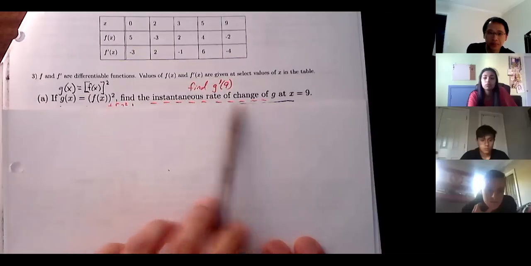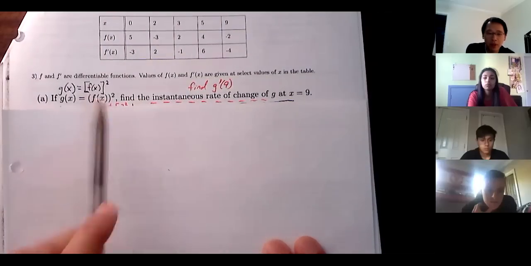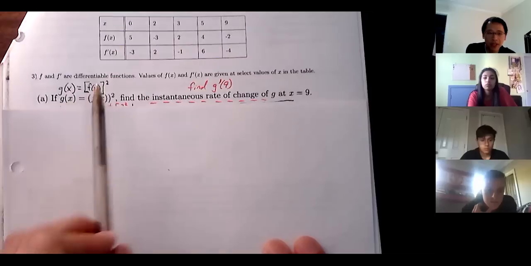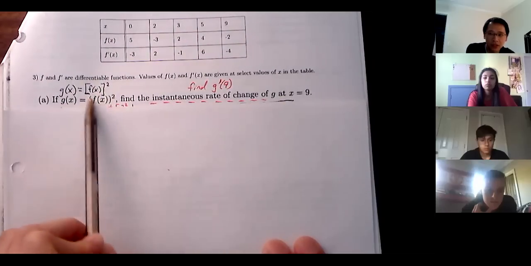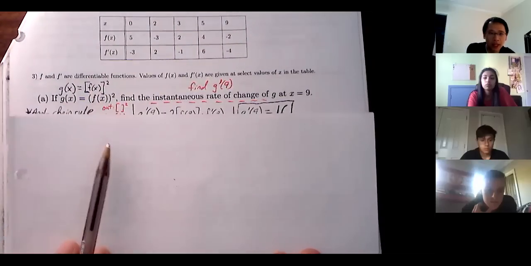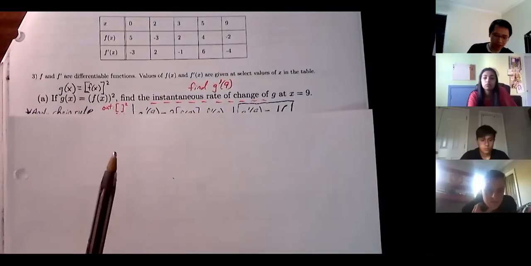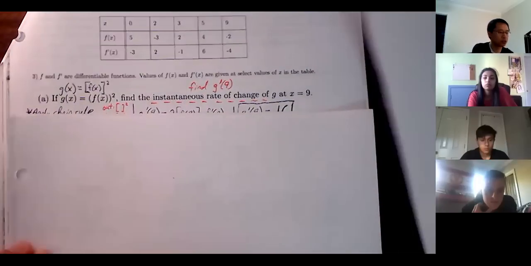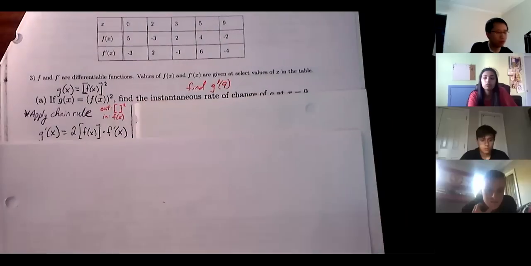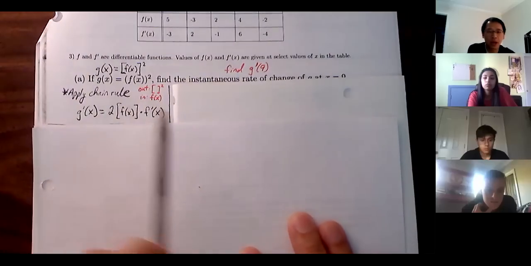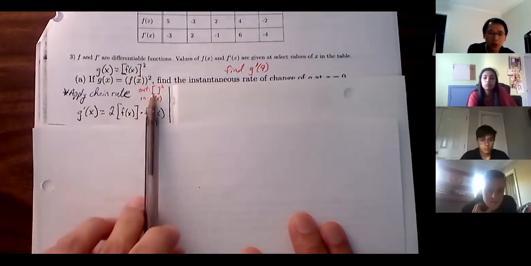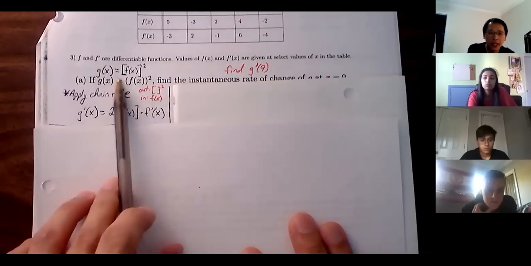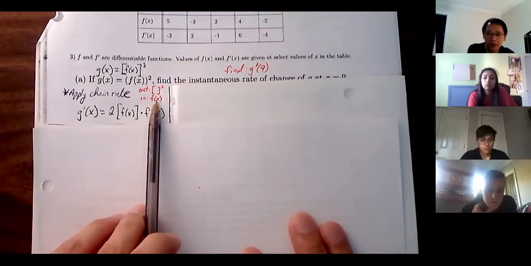So to find g prime of 9, we need to find g prime of x. To find g prime of x, we need to recognize this as chain rule. Chain rule means that we have to identify the outside and inside portion. The outside portion is the bracket squared. We'll do power rule there. And then the inside portion is the f of x.